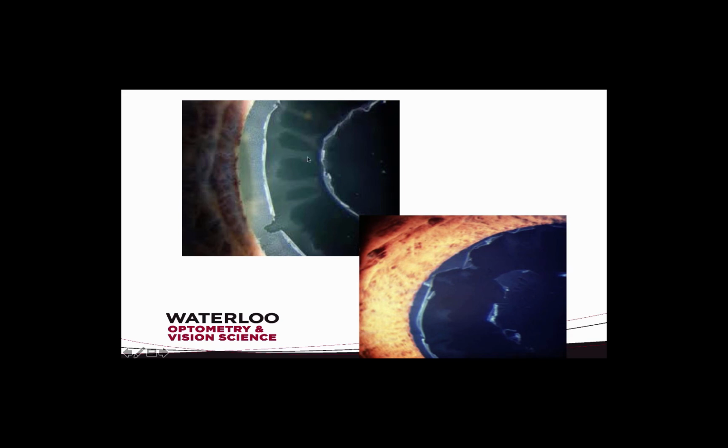This is our pathognomonic sign of exfoliation material, but you're only going to see it in a dilated pupil. So we have to dilate all of our elderly patients that we suspect might have glaucoma, and it's a good idea to dilate all elderly patients so that we can see signs like this that aren't evident without dilation.